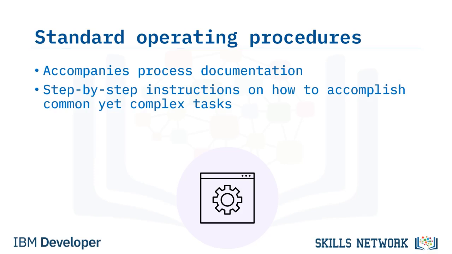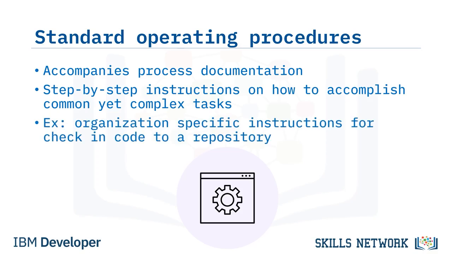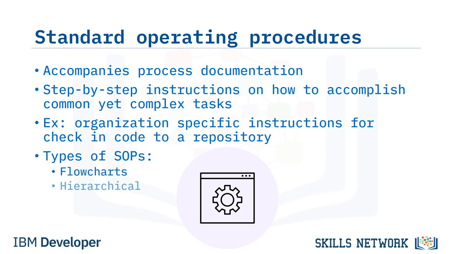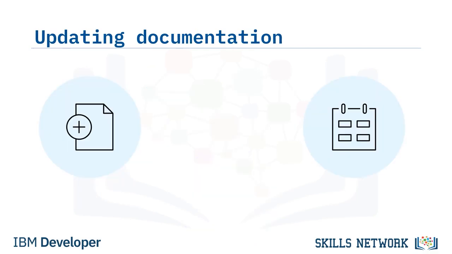For example, checking in code using a code repository is common knowledge for a software engineer. However, an organization might have specific steps to follow in order to get code merged into the main branch. The SOP documentation explains those steps in detail. SOPs can be in the form of a flowchart, a hierarchical outline, or step-by-step instructions.